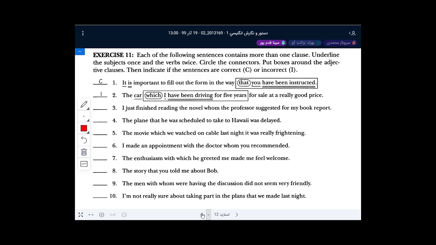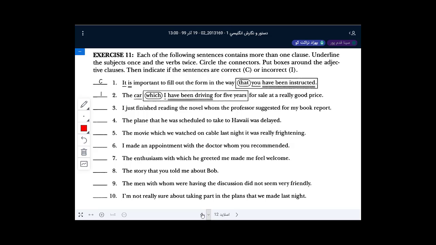Number 4. The plane that he was scheduled to take to Hawaii was delayed. I think we can use whom instead of the first that, because he boarded the plane and plane is the object, I think.